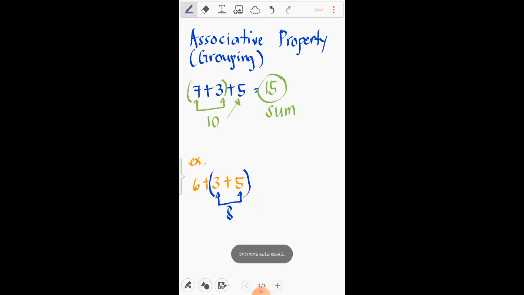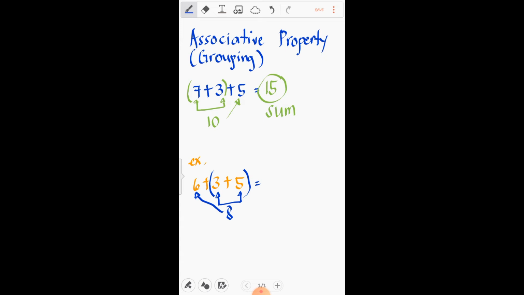Now, what number is the remaining one? It's 6, right? We already get 8 here, but we need to add the remaining addend, which is 6. Now, you have to add 6 plus 8 in order to get the sum. So, what is 8 plus 6?